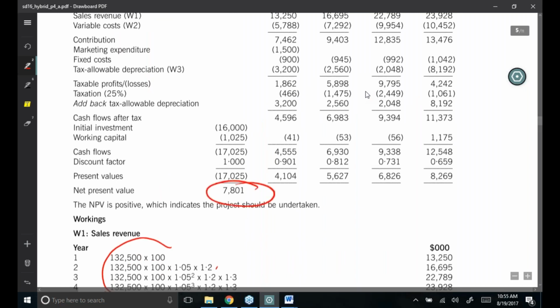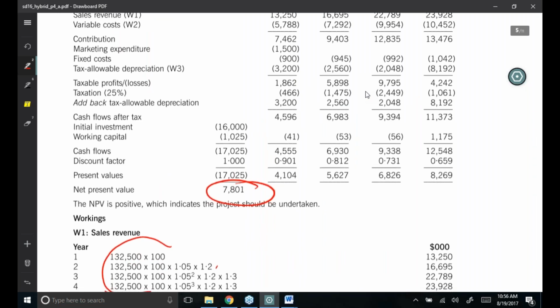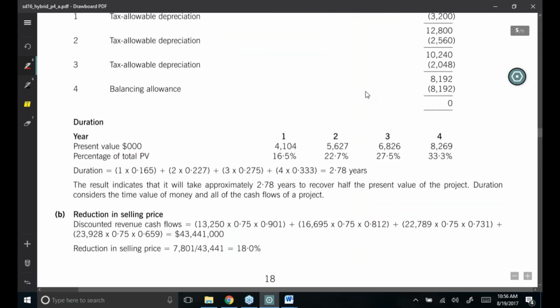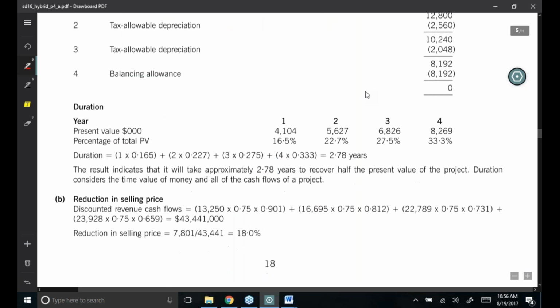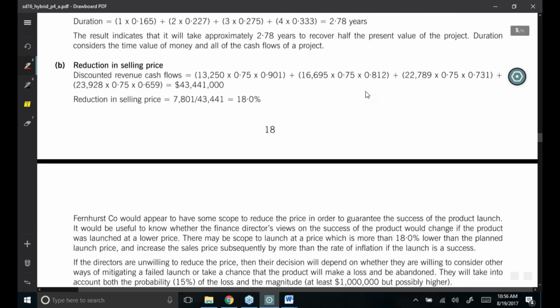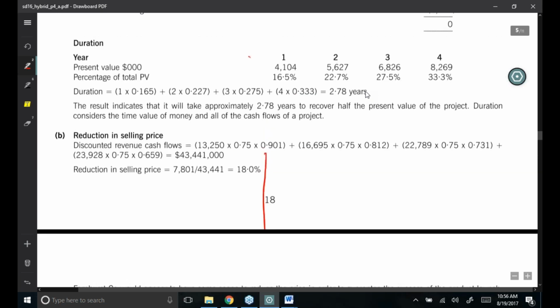This question, especially the A part, except duration, has a level of F9. It's a very simple question. And in second part, you have calculated the duration. And how you gonna calculate the duration? It's a very simple steps. Calculate present value. These are the present value.